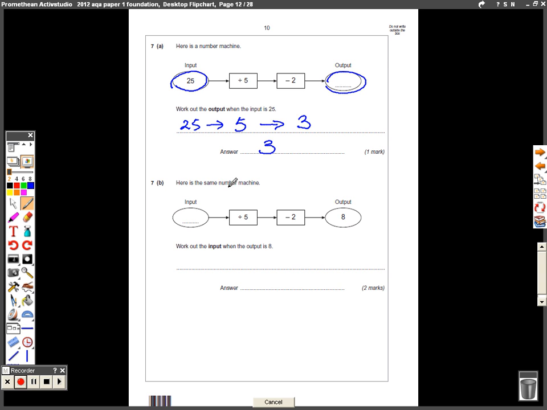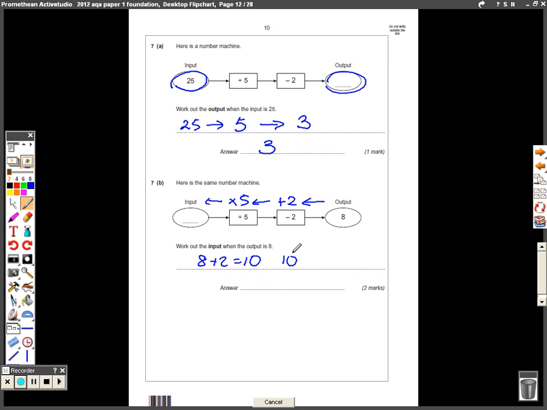We've got the same number machine, and we need to work out the input when the output is 8. Now I could try numbers on the left hand side, but if you think about it, if I run through backwards and do the opposites, the opposite of take away 2 would have been add 2. Now 8 add 2 is 10, and the opposite of divide by 5 is multiply by 5.